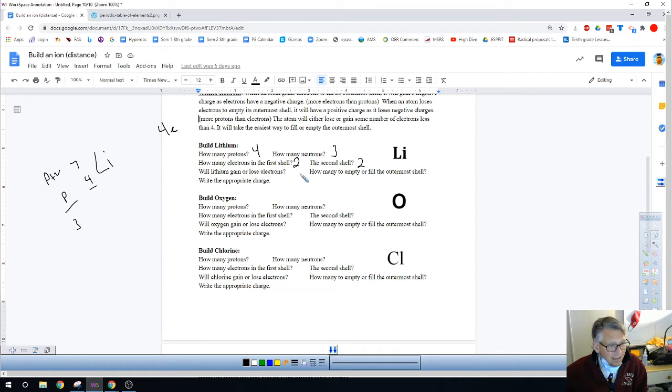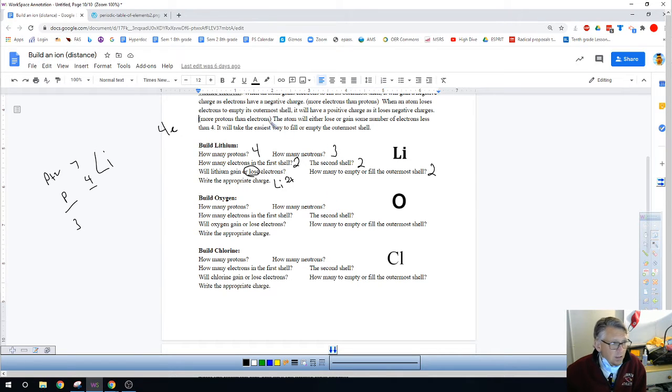Well, it's either going to gain or lose some number less than 4. So it is going to lose. And how many to empty or fill the outermost shell? It's going to lose 2. So if it loses 2 negative charges, that means lithium becomes lithium 2 plus.